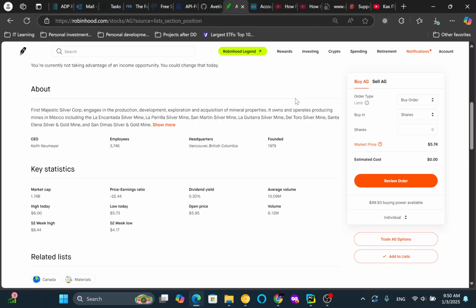Today's video we will be diving into two crucial aspects of the stock market: stock metrics and the two major approaches to analyze them, fundamental and technical analysis.